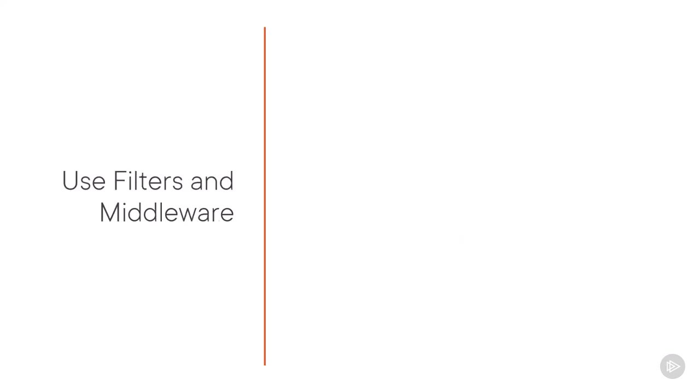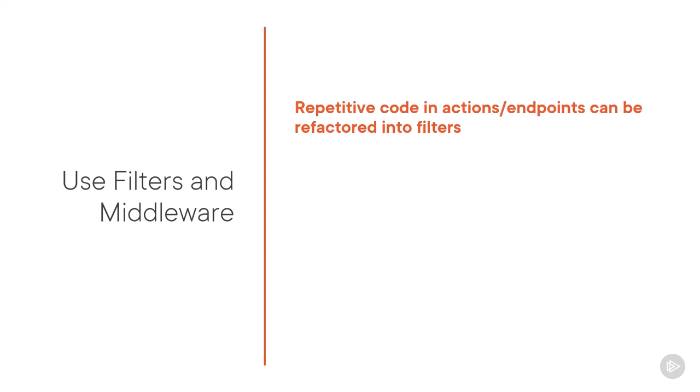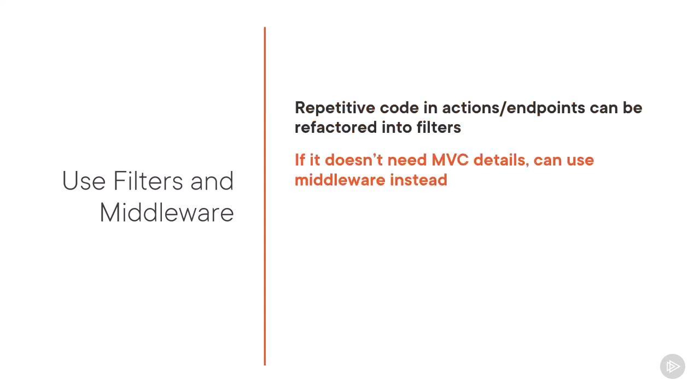Now let's talk about filters and a related piece, middleware. If you look at your APIs and the individual endpoints or action methods, and you see a lot of the same kind of code, chances are you can refactor some or all of that logic into filters. If you have logic that doesn't rely on MVC types or features, like model binding, you may be able to use lower-level middleware instead of using a filter.